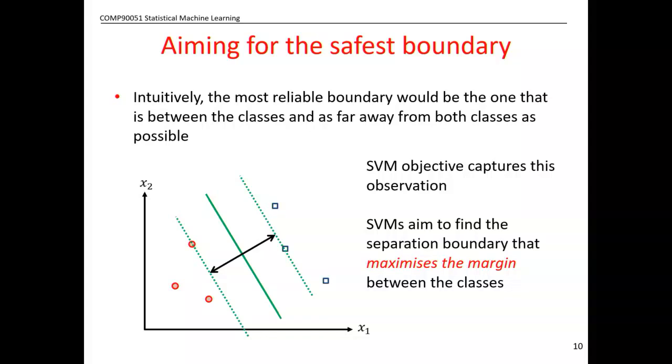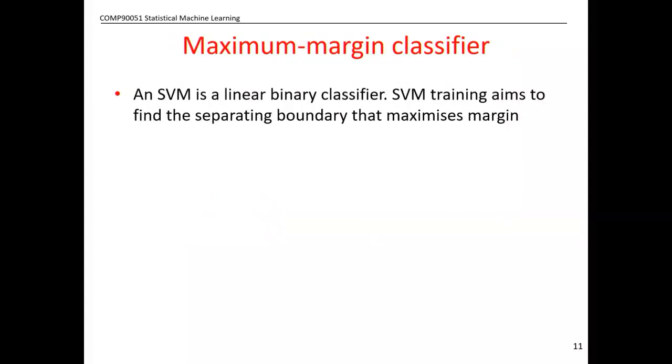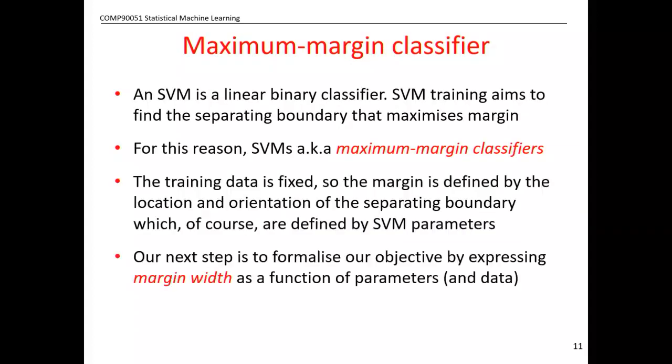That's one reason why the SVM is also called the maximum margin classifier. So what we need to do is figure out a mathematical expression for the margin for a given boundary, and then that will be an objective function that we can maximize.